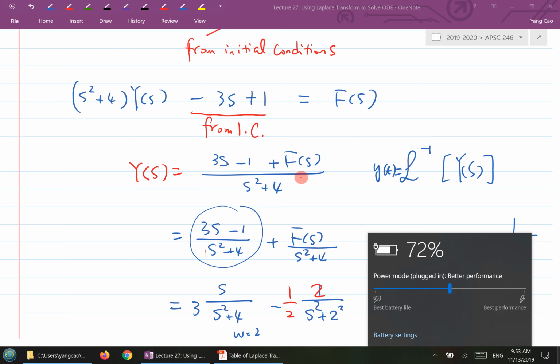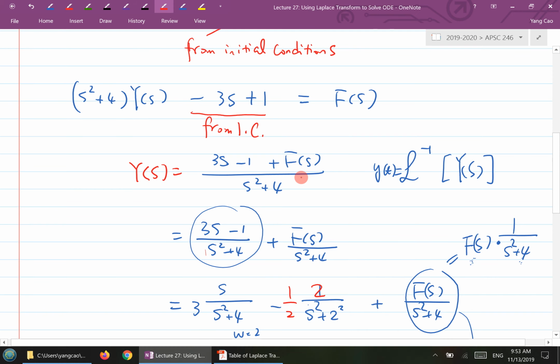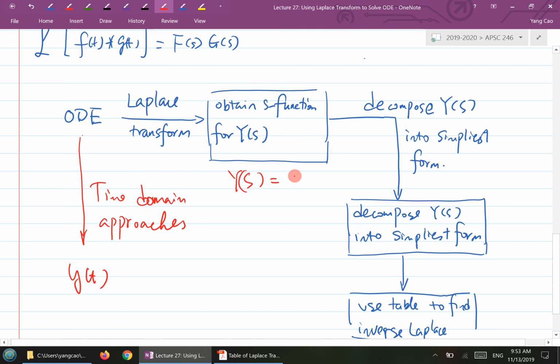So that's what the s function is in general for Y of s. For this step, you're decomposing it into the simplest format. So the technique is, how do I decompose a fraction into the simplest format, so that we can make use of the table to find the inverse Laplace?